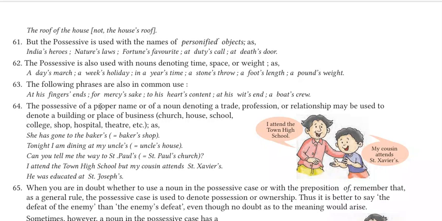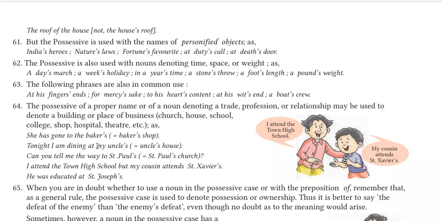The possessive of a proper name, or of a noun denoting a trade, profession, or relationship, may be used to denote a building or place of business, such as a college, hospital, or shop. Like, he has gone to the barber's, meaning the barber's shop.